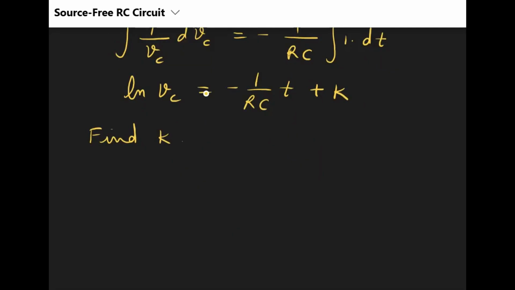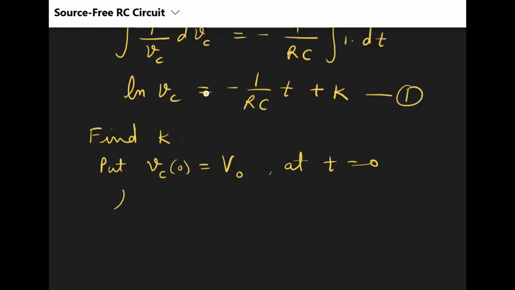To find the value of K, put the condition at t equals to 0. Put Vc of 0 is equals to V0 at t equals to 0. So in this case, the equation 1 will become ln V0 equals to minus 1 by RC multiplied by 0 because time is 0 plus K. Hence, K is equals to ln V0.